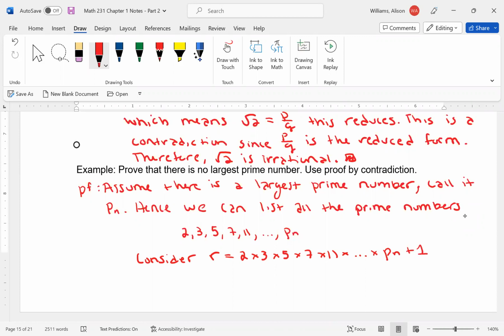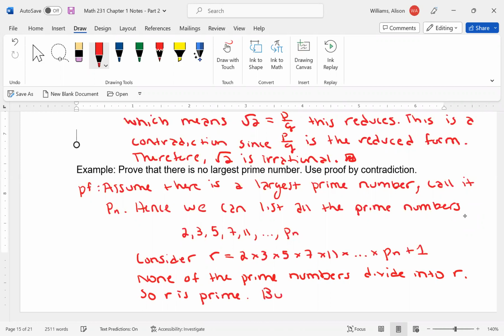Now, none of the prime numbers that we have divides R, because of the plus 1. It ruins it. So R is prime.